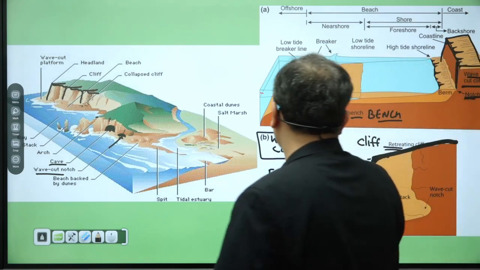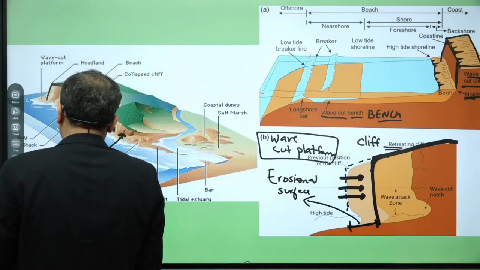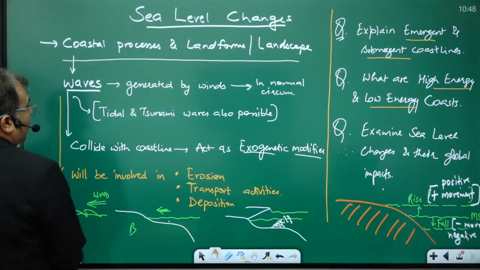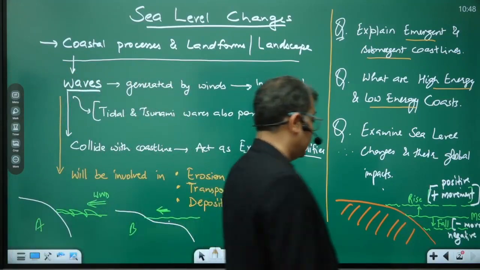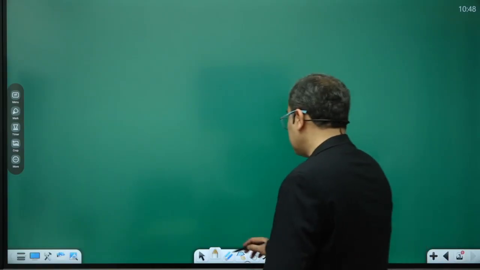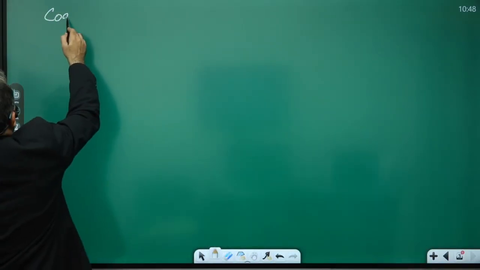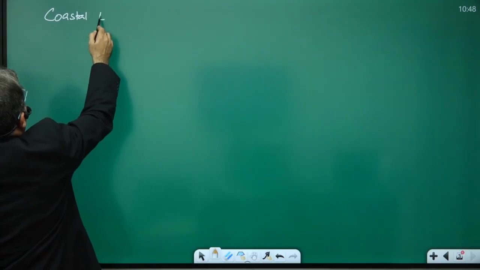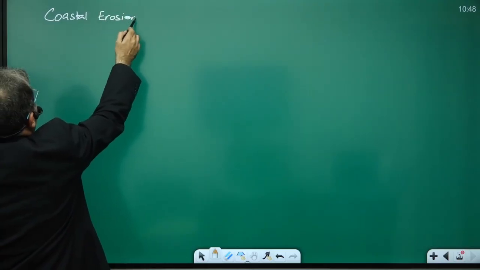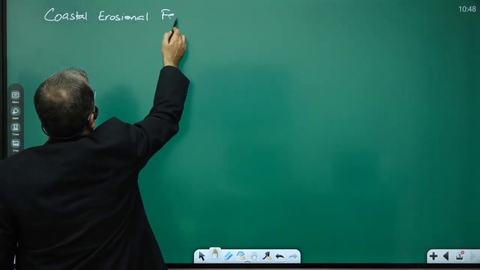Wave cut platform, wave cut cliff starts with wave cut notch and wave cut cave. Coastal erosional features.